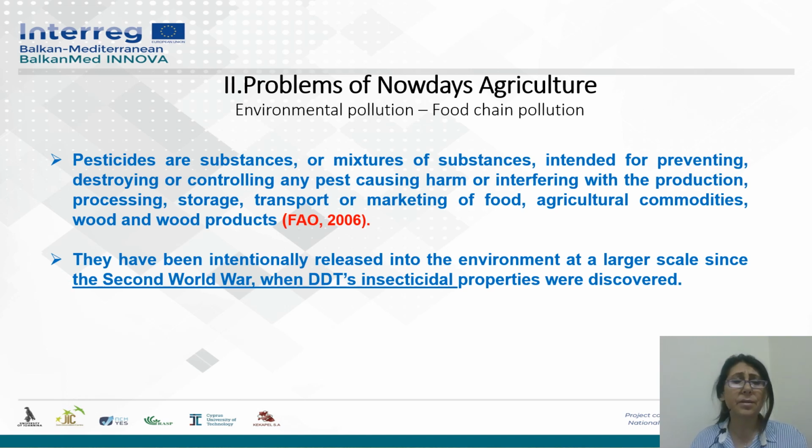The first time that insecticides were used in agriculture was after we humans discovered the properties of DDT, which was able to kill the insects that were damaging the agriculture production.